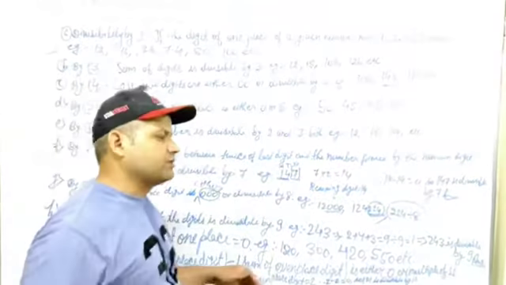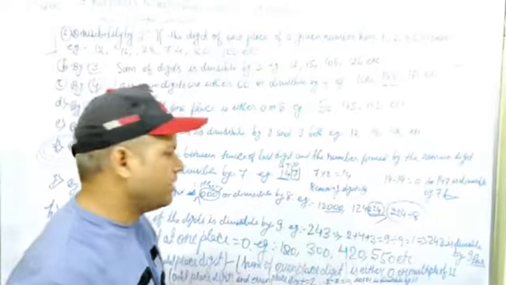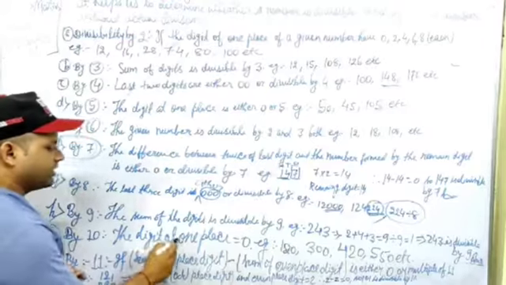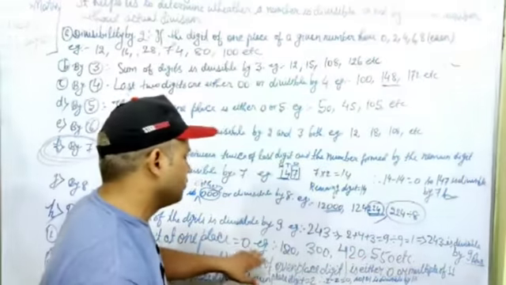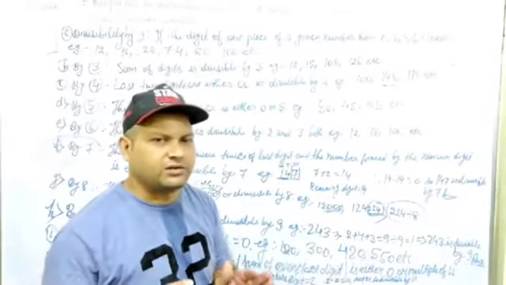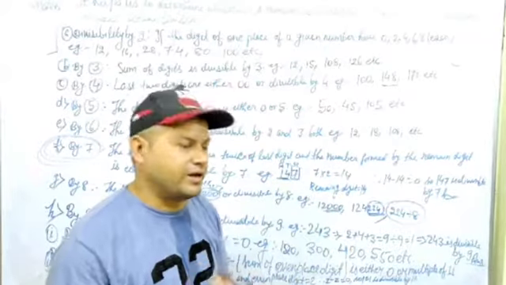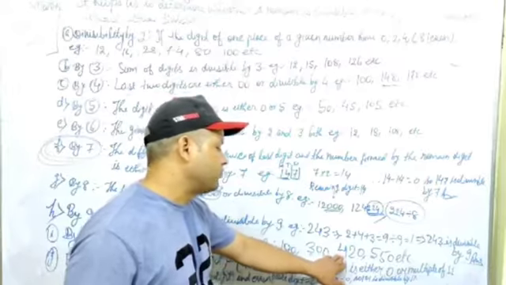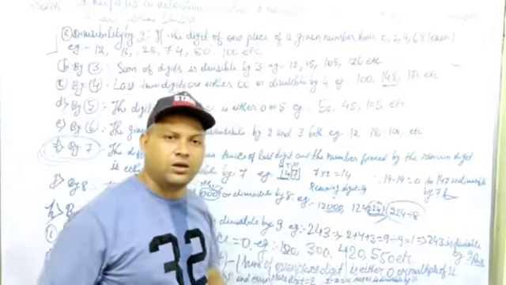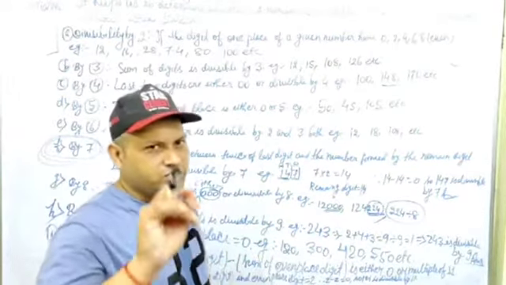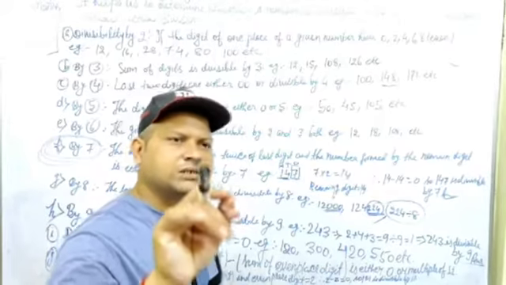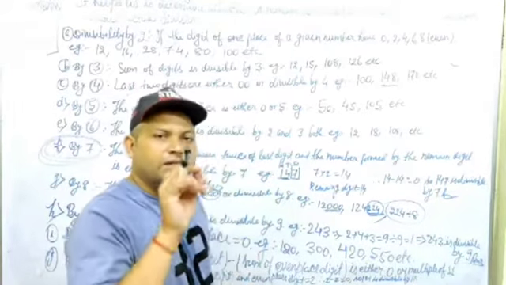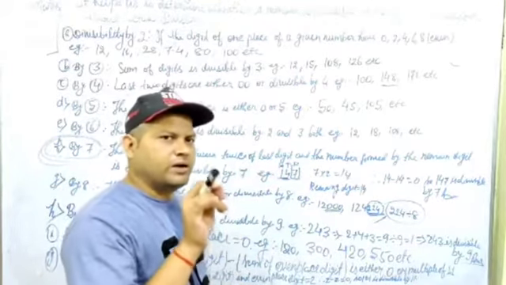Now look at the divisibility rule of 10. If the digit at the ones place is 0, then we can say that the number is divisible by 10. For example, 120, 300, 420, 550. Listen once again. If the digit at the ones place is equal to 0, then the number would be divisible by 10.